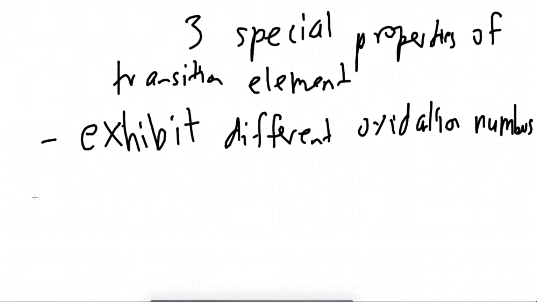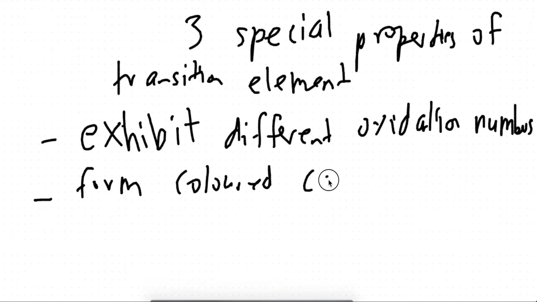They also form colored compounds. What this means is that transition elements, whenever they react with other elements and form compounds, they form colored compounds. We are not going to go into each color because we don't have time for that, guys.